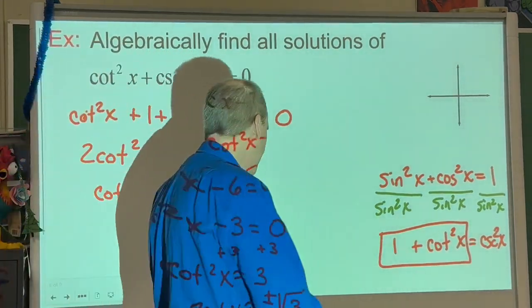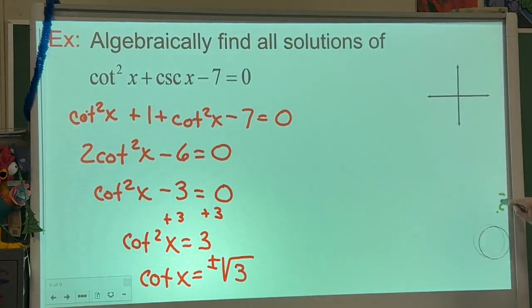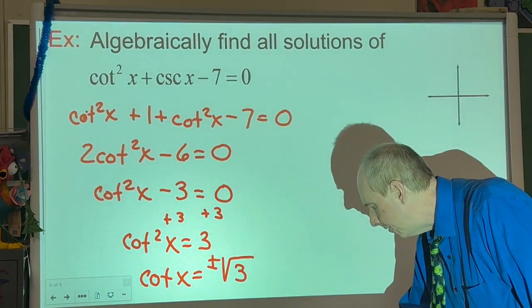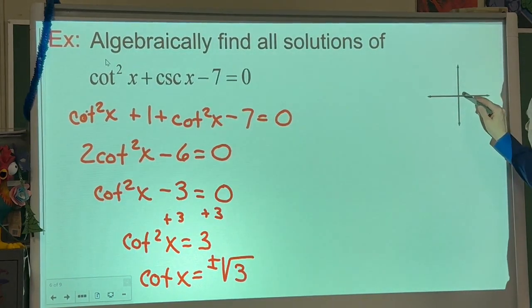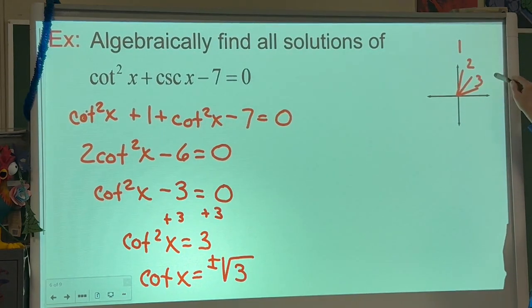So we need to do a little thinking. Where is cotangent equal to radical 3? Oh, those are always the tough ones, right? Everything's over 2, square root, square root, square root over 2.